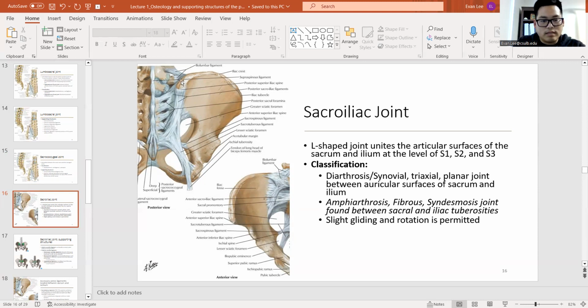So sacrum over here, ilium over here, and the two auricular surfaces will meet with each other over here on the side. So you do not really want this to move very much. This is going to be a somewhat stable joint because you don't want your pelvis to come apart. Like other bones you might want to move, but this one, not so much.